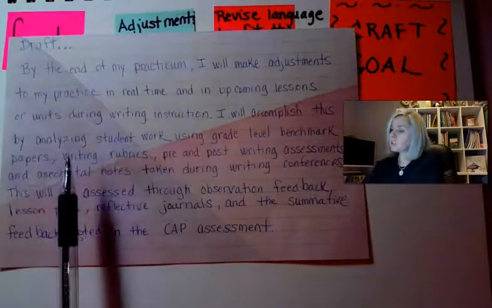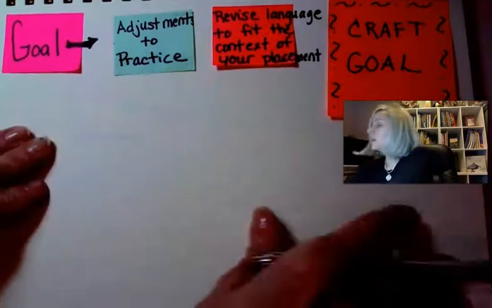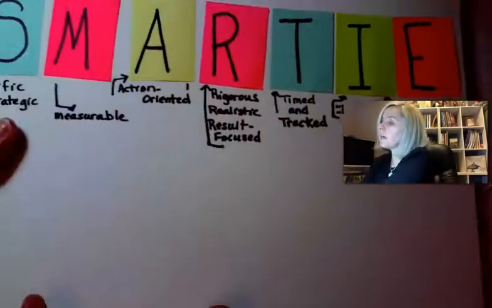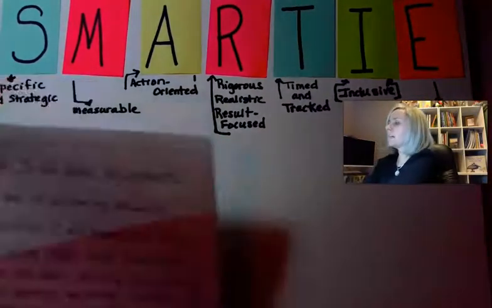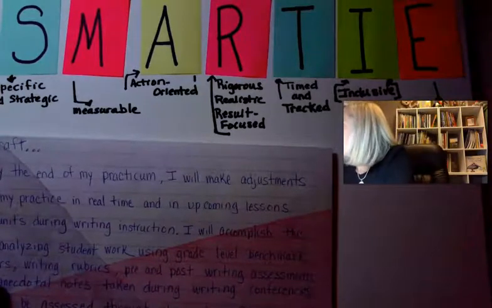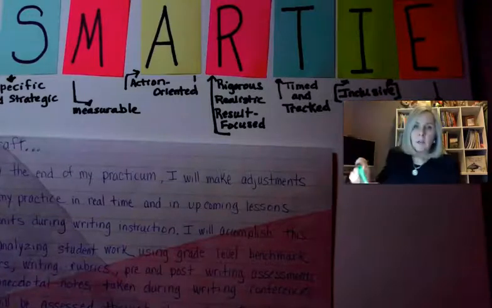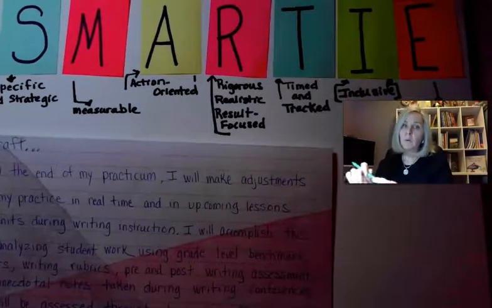But I want to note if I believe that my goal is a SMART goal. So I'll really want to even use a highlighter and say, okay, so let's think about this, right? Do I have all of the aspects within my goal to make it a SMART goal?